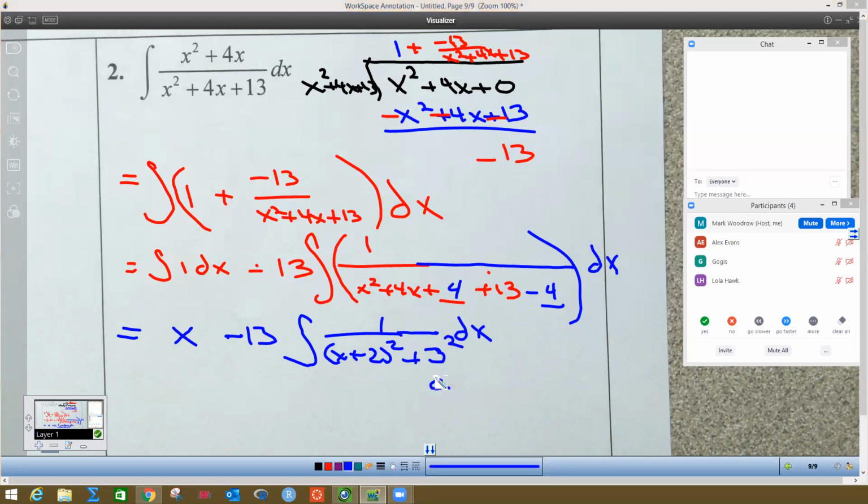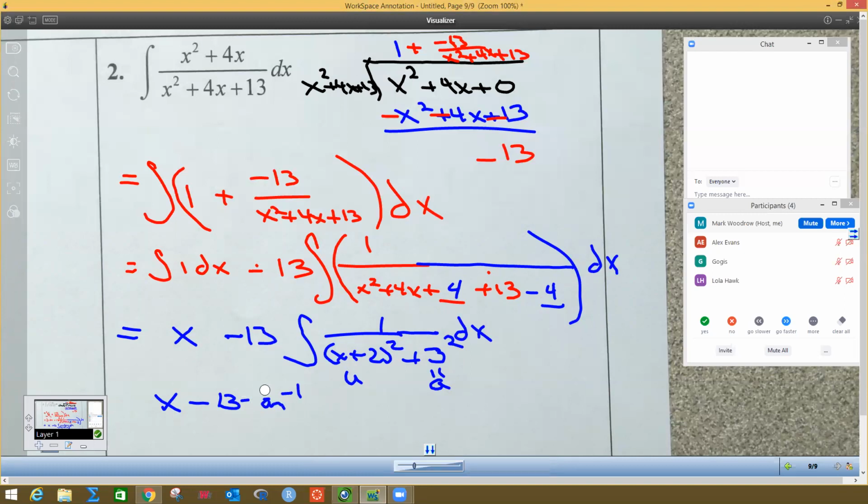So if you look at your formulas, this is the a, because a is a constant, and this is your u. And there's only one term that has u squared plus a squared underneath it, and that's arctangent. You understand what I'm saying there? So this is going to be x minus 13 arctangent, and I usually write inverse tangent because it's easier.